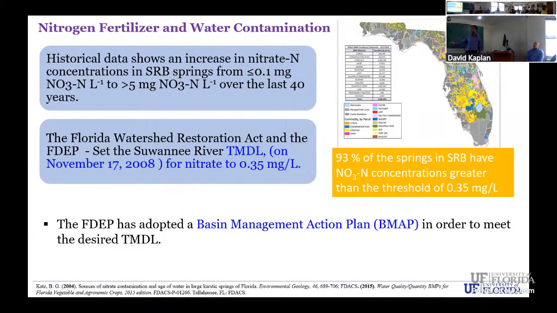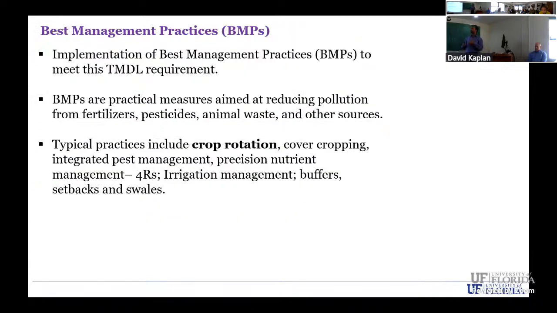And FDEP, the Florida Department of Environmental Protection, came up with the basin management action plan. It's the region that adopts best management practices in order to meet the desired TMDL, total maximum daily load. And they recommended different best management practices, like crop rotation, cover cropping, integrated pest management, precision nutrient management, 4 Rs, like right source of fertilizer, right application, timing, method, and irrigation practices.